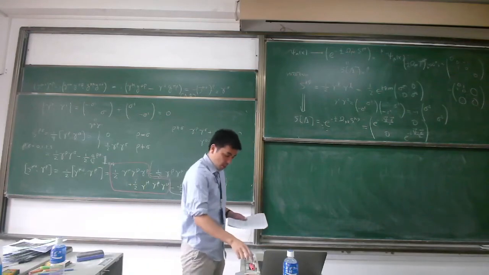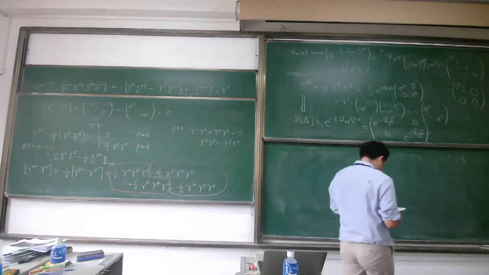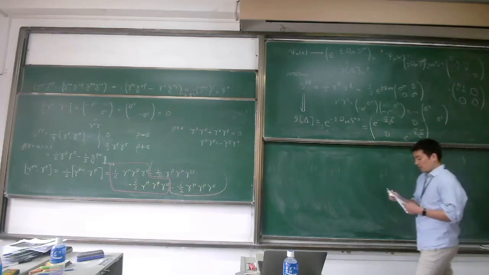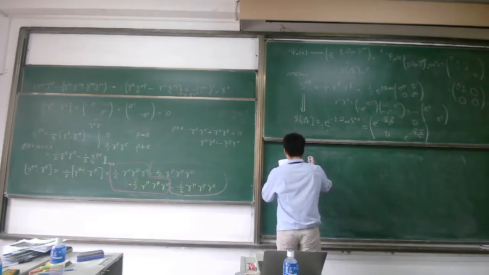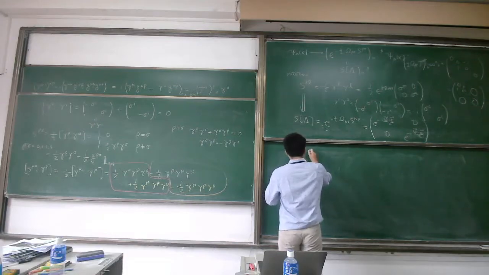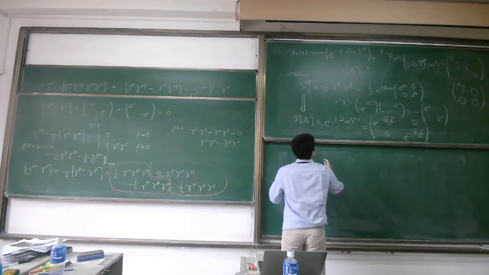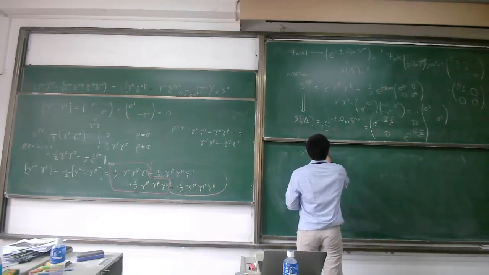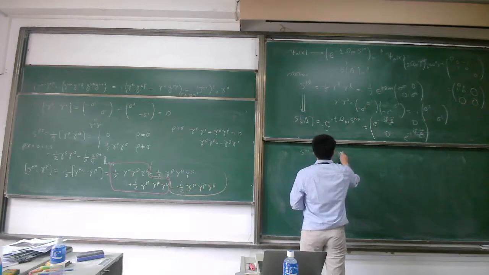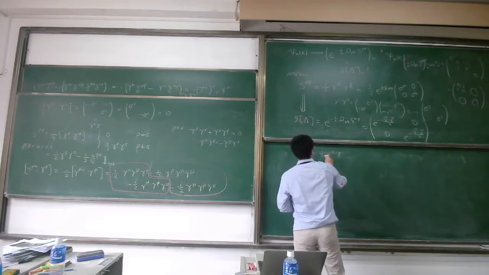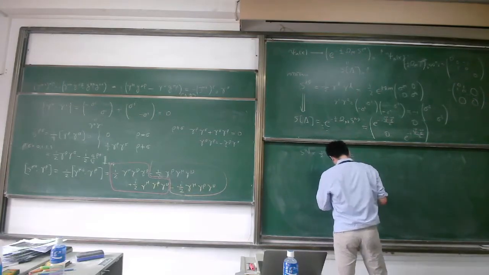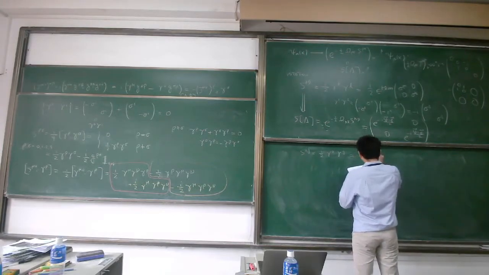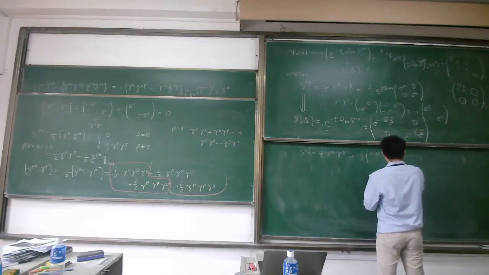Okay, so now we look at the Lorentz boost part. So the Lorentz boost part is essentially S0 j, and you just follow the computation of this one: i over 2 gamma 0 gamma j, and this is equal to i over 2 minus sigma i and sigma i, 0, 0.